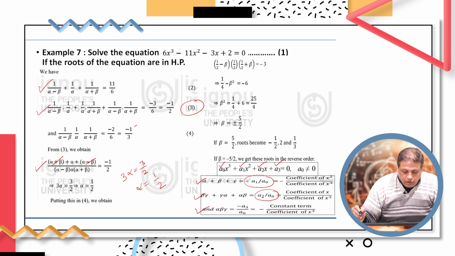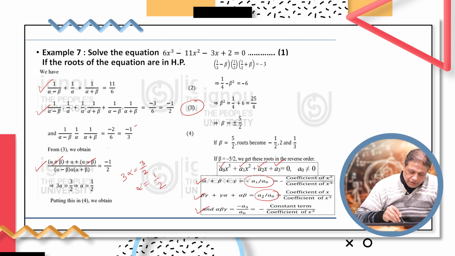So, this was all about this. Now, in this expression, we had substituted alpha minus beta into alpha plus beta by following equation number 4.